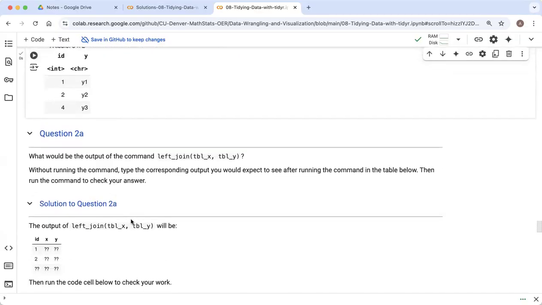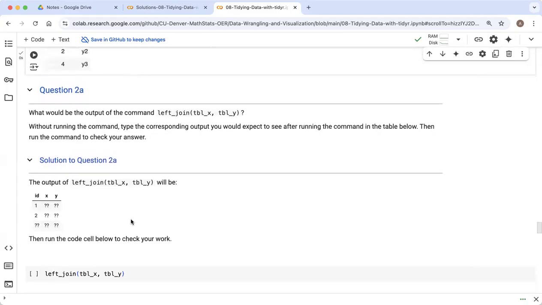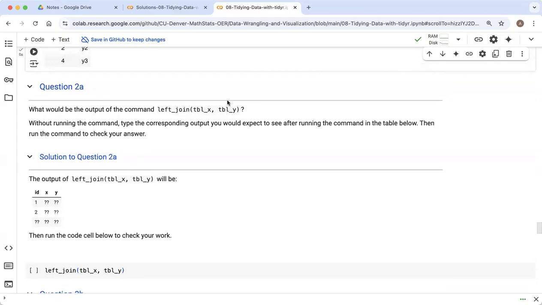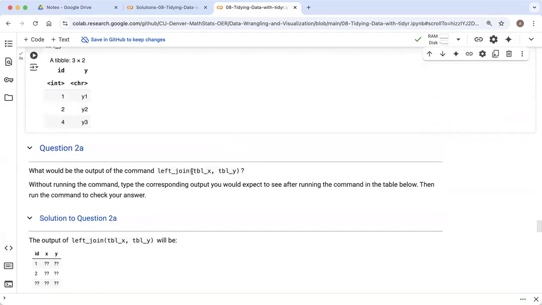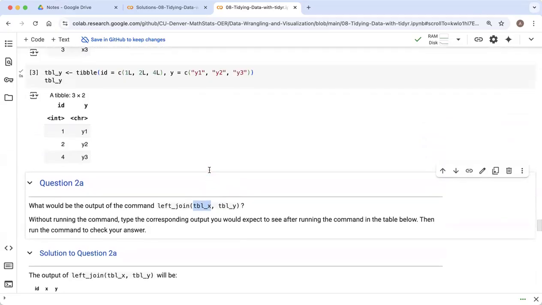So question 2a is asking us, what would the output generated be if we were to use a left join for tibble X and tibble Y? The left join is going to keep all of the rows in the left data frame.